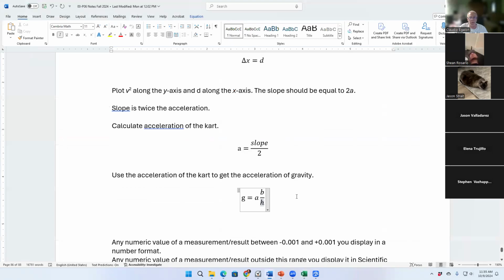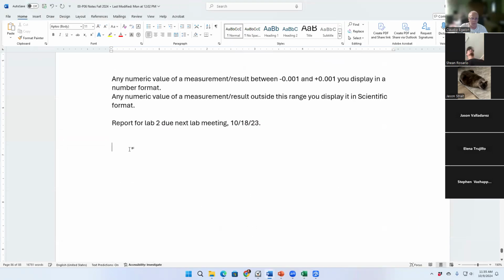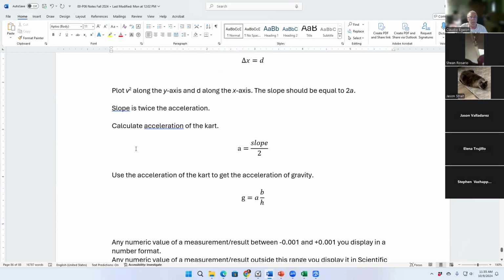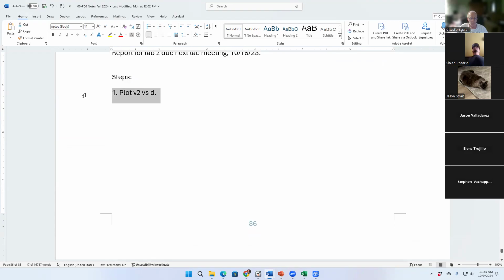So the steps are the following. Again, the steps. 1. Plot v squared versus d. 2.